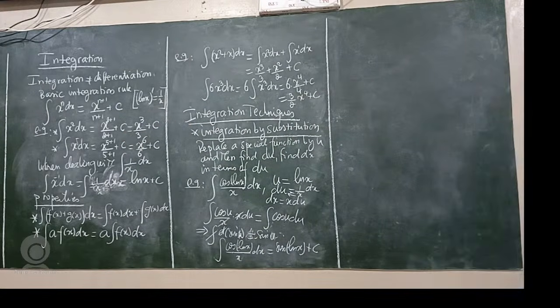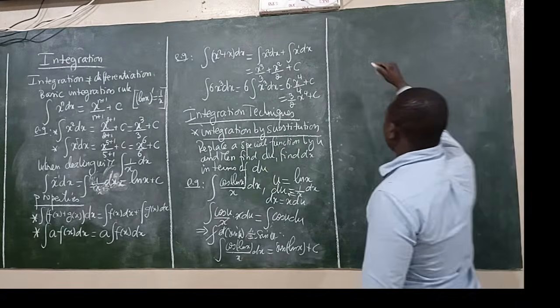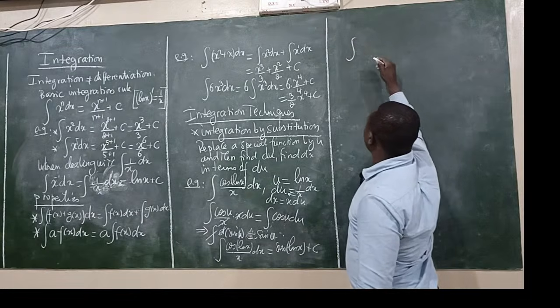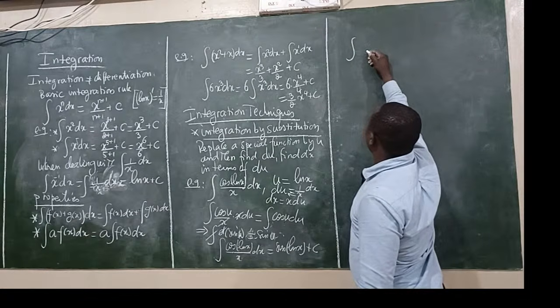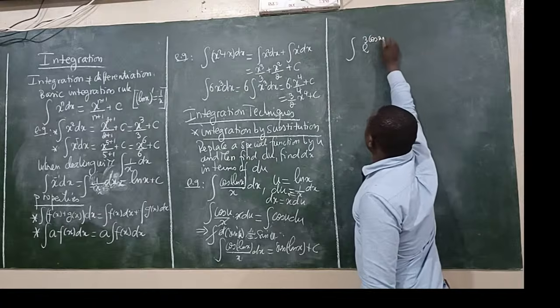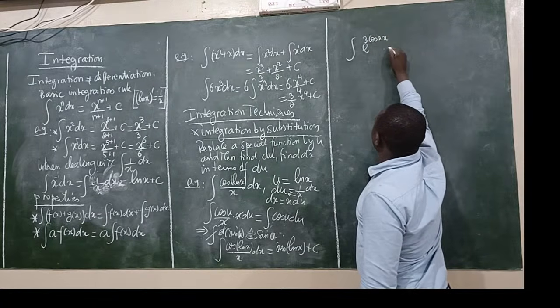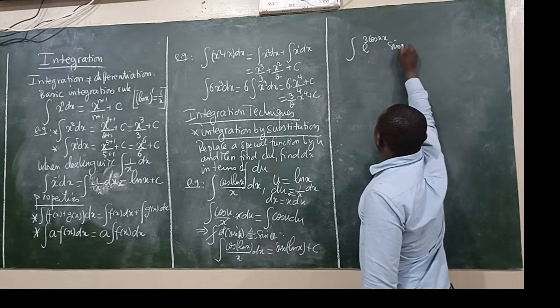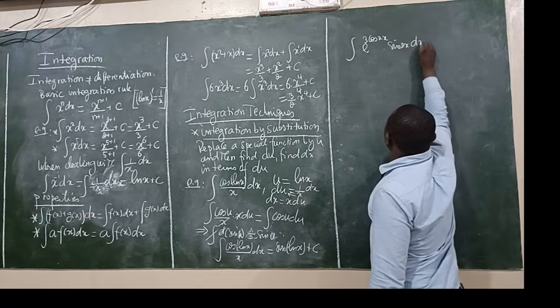The next example we are going to have is the integral of exponential 3 cosine 2x times sine of 2x dx.